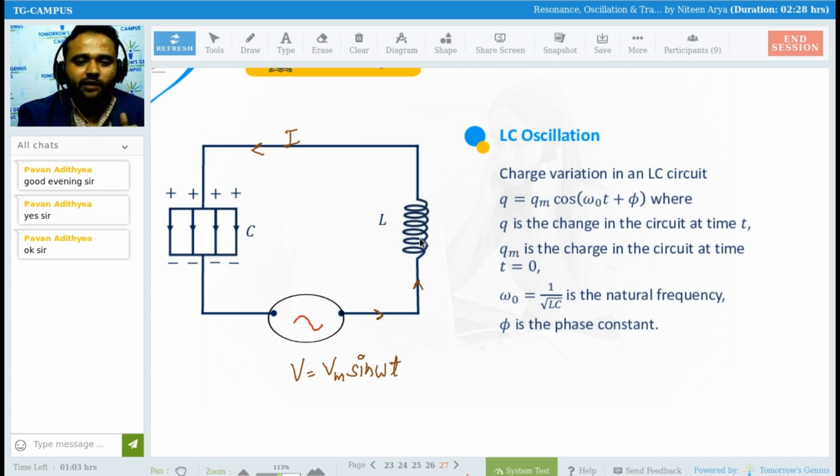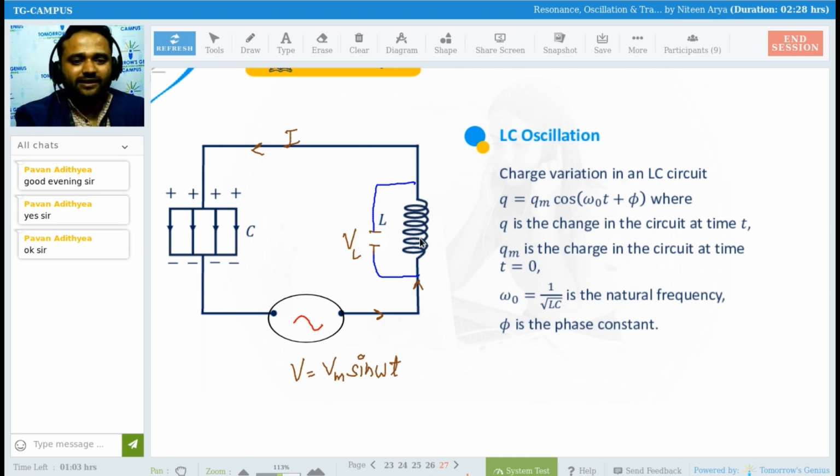And when this creates an induced EMF, voltage across the inductor XL, obviously it is going to get the whole of the voltage. Means the whole of this voltage is going to be deposited here, which is VL. Now this VL is going to be discharged over here.